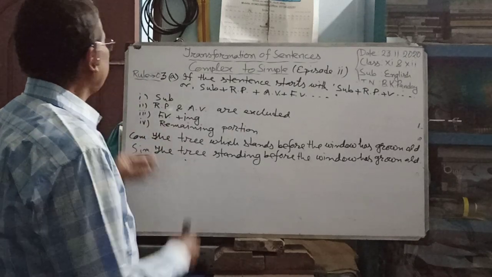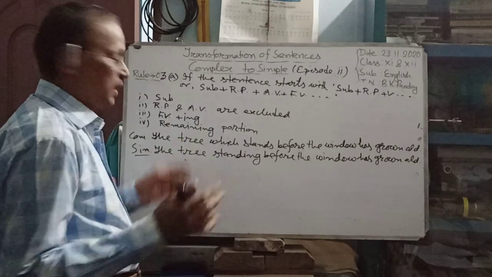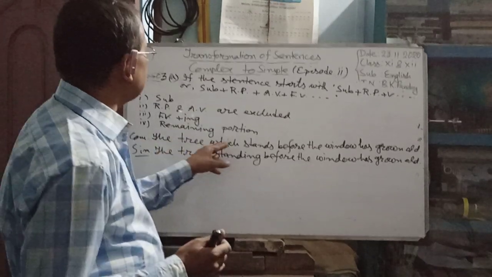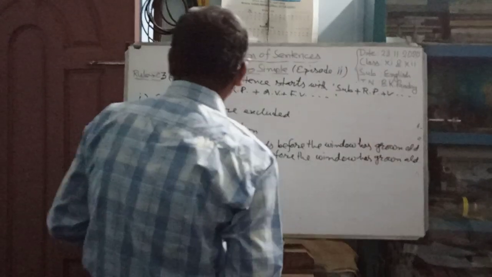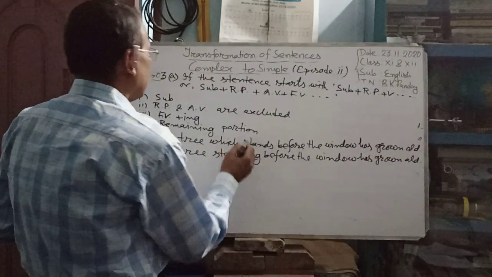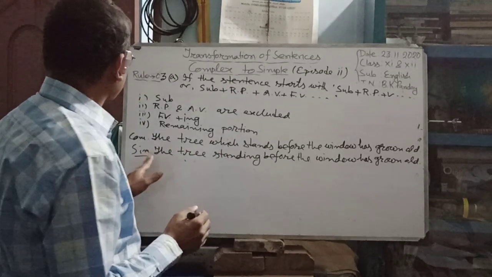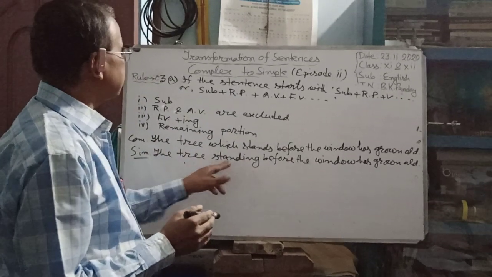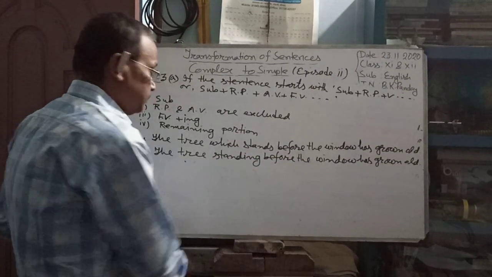Then we have to add ing with the finite verb and remaining portion. For example, the tree which stands before the window has grown old. Here, which is relative pronoun. So, I have to write the tree standing before the window has grown old.